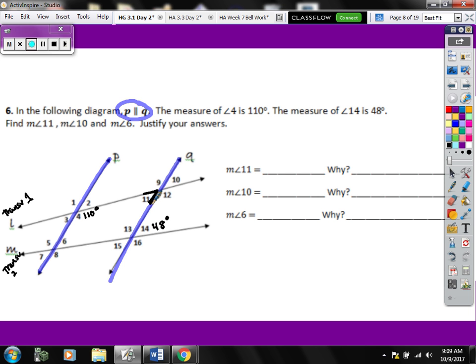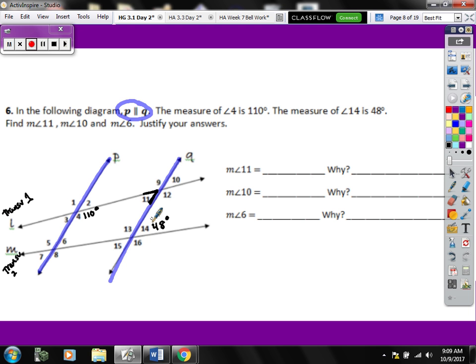Marquise? 48 degrees. Incorrect. A lot of you will look at these and say, these are alternate interior angles, right? They are. But these lines are not parallel. So since these lines are not parallel, you can't actually use those to say they're congruent. And that's why I put this problem on there, because, Stephen?